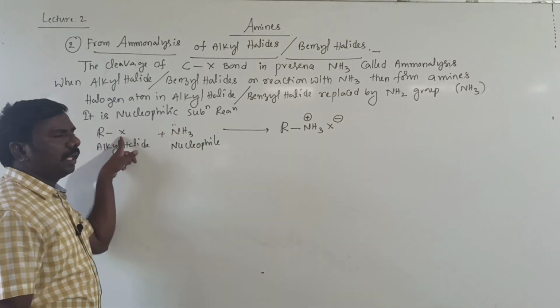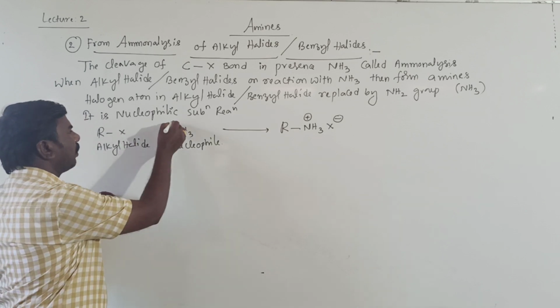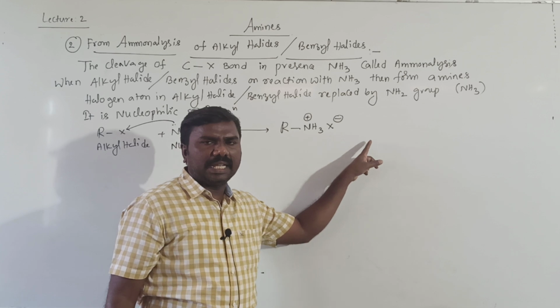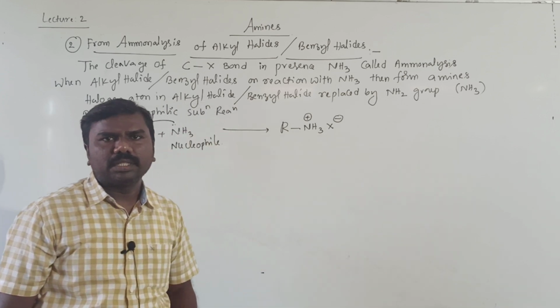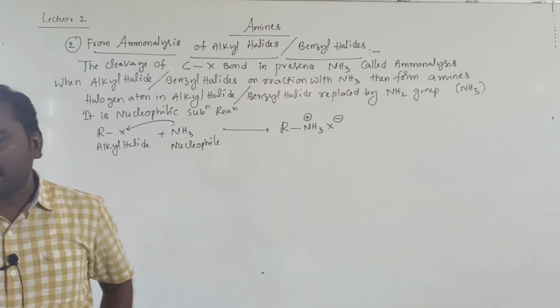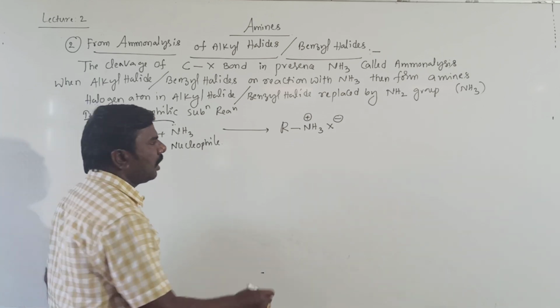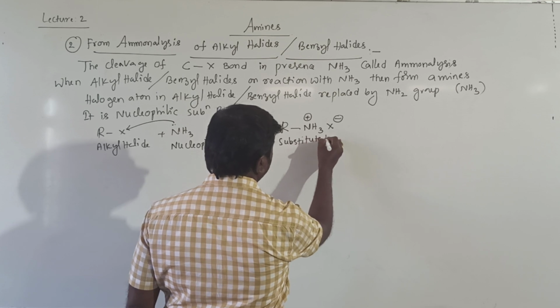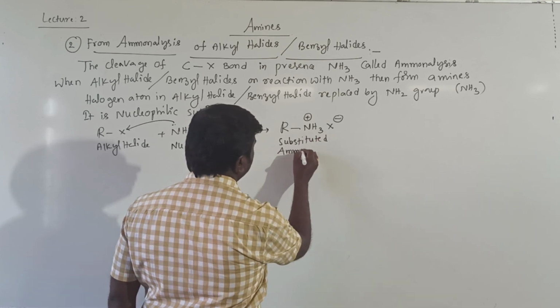X is electronegative, so these electrons will be taken by it. Nitrogen is losing, that's why plus. X is gaining, that's why minus. It is an alkyl ammonium salt, a substituted ammonium salt.